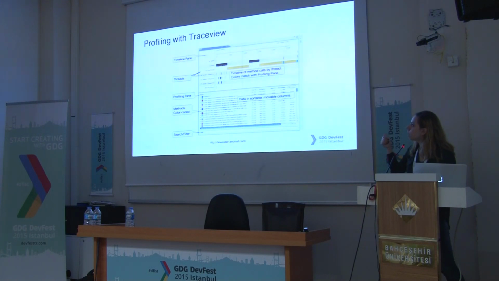Once you select a method, you will also see it in the profiling pane. And also, if you select a method in the profiling pane, then you will see it in the timeline pane. And there is a nice property of the profiling pane, the search filter. You can use it.